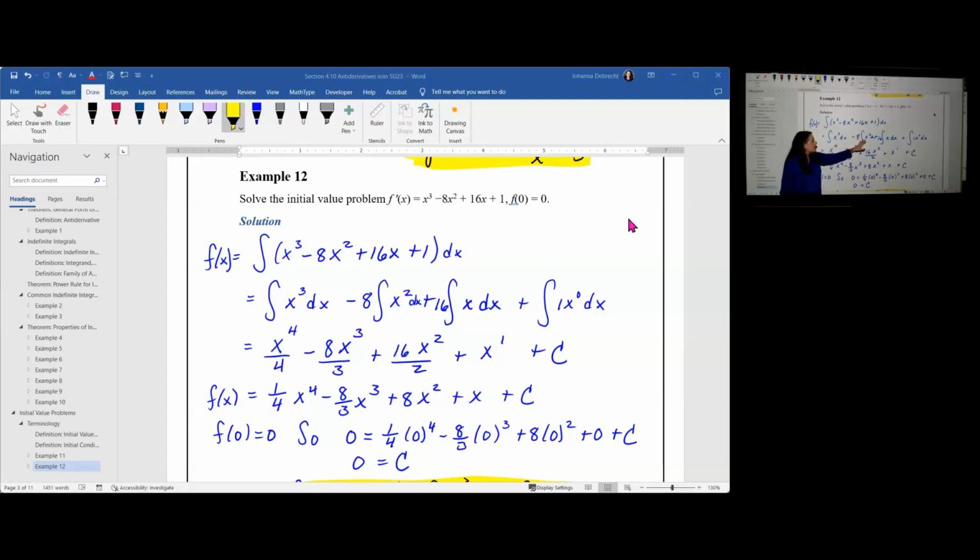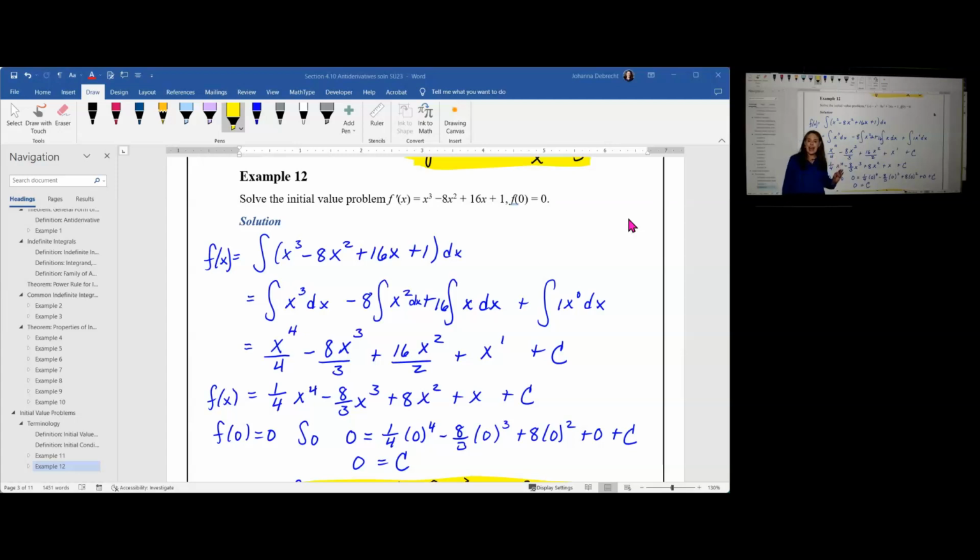We are going to apply the power rule to each of these indefinite integrals, remembering that the integral of a constant dx is the same as the integral of the constant times x to the 0 dx. When we apply the power rule and simplify, we get 1/4 x to the 4th minus 8/3 x cubed plus 8x squared plus x plus the constant of integration.